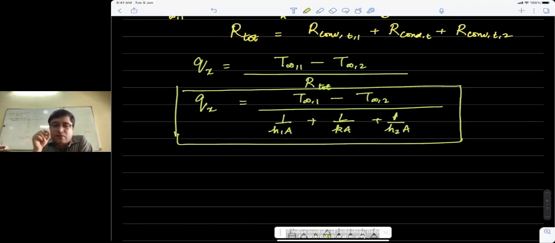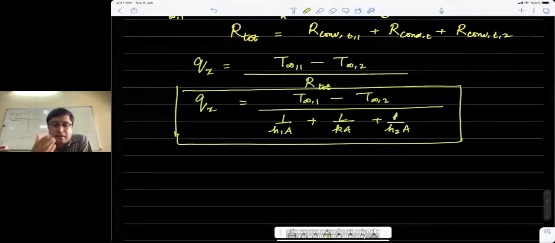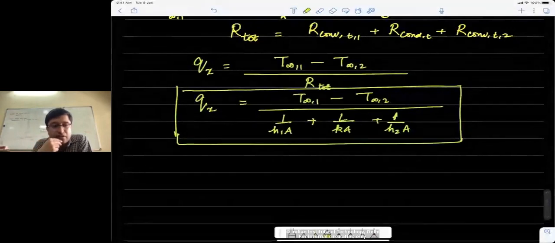Otherwise, you will have thermal energy getting accumulated at a point, and at that point temperature will increase. That is the conservation law that we wrote: E dot in minus E dot out plus E dot generation is E dot storage. So even if E dot G is 0, if in and out are not equal, you will have storage.